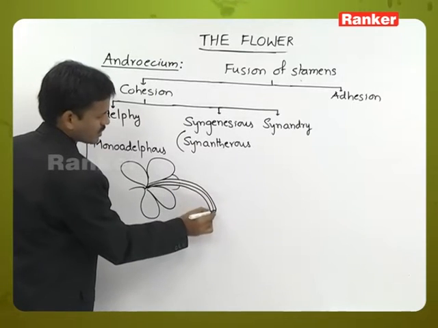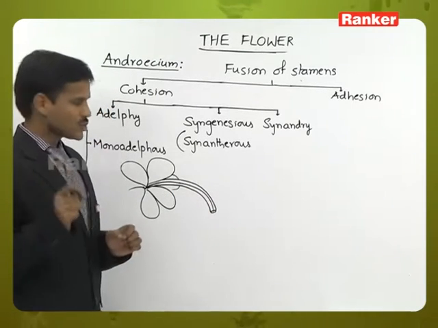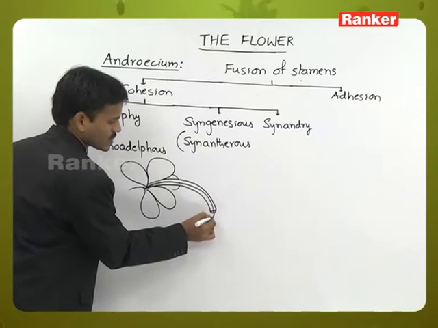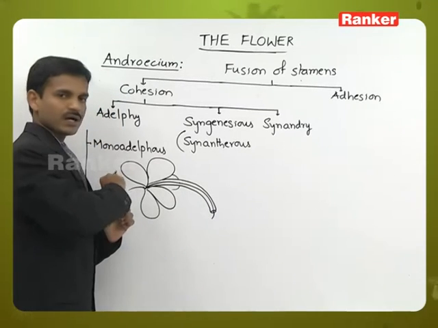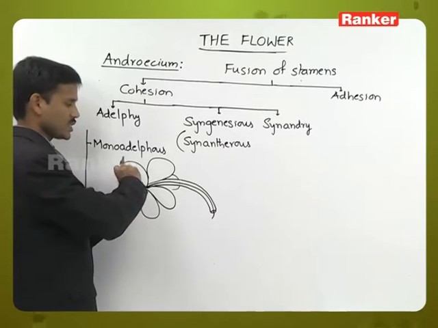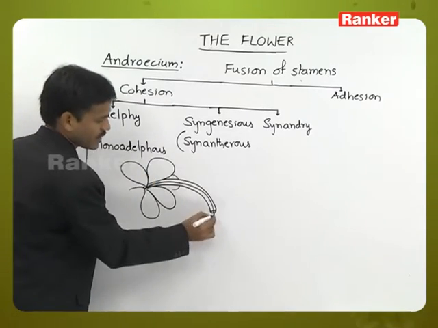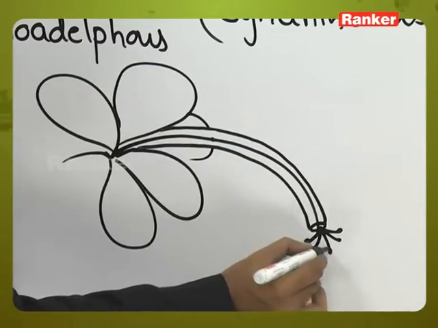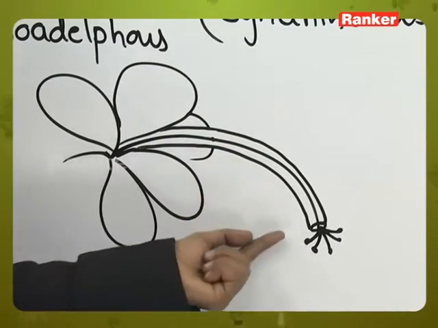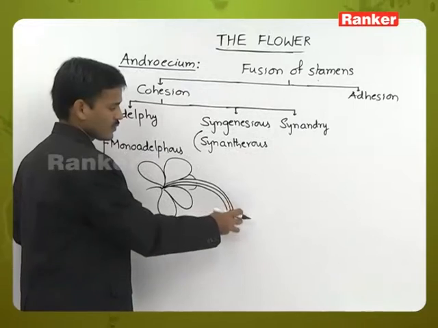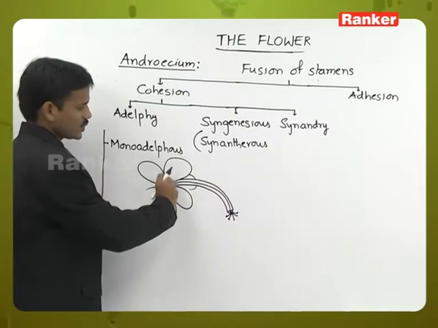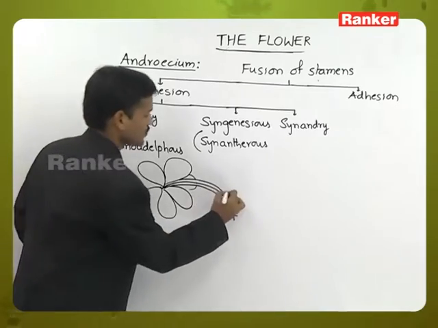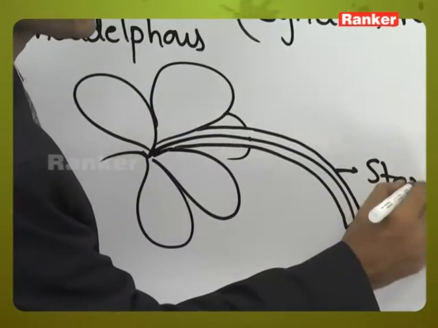A tube-like structure is formed due to the fusion of all filaments, and through the tube the style, the gynoecium part, comes outside, and the stigma is dissected into 5 lobes. This tube-like structure is called the staminal tube.